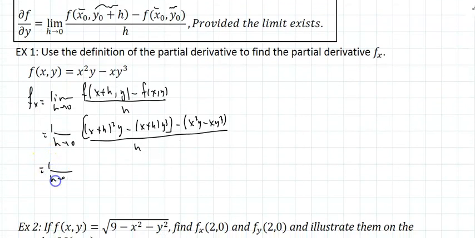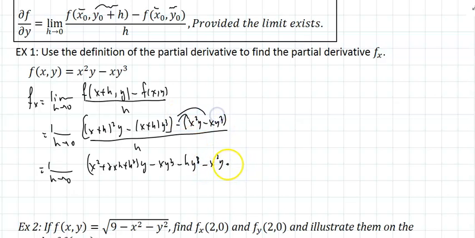That would be the limit as h approaches 0, x squared plus 2xh plus h squared times y minus x y cubed minus h y cubed minus x squared y plus x y cubed all over h.